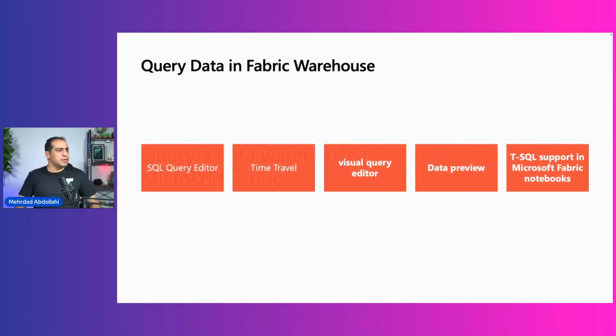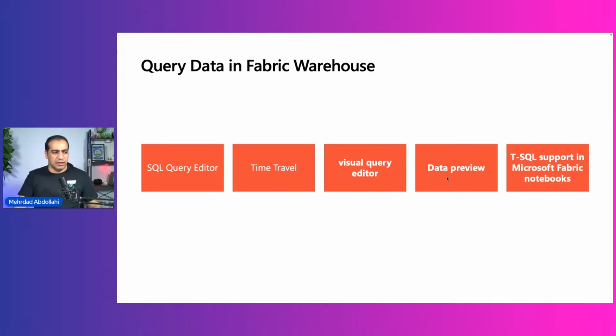In order to query the data in your warehouse, the ways that you can query your data are in the SQL query editor or the visual query editor, and also in the T-SQL support in Microsoft Fabric notebooks, where you can interact with your warehouse.